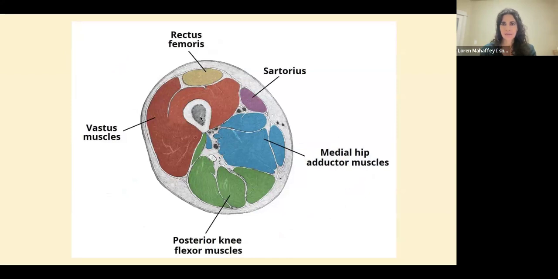And here we're seeing the different compartments that are divided by the epimysium and of these different quadratus muscles, the sartorius on the medial thigh, the adductor muscles, and the hamstring muscles.